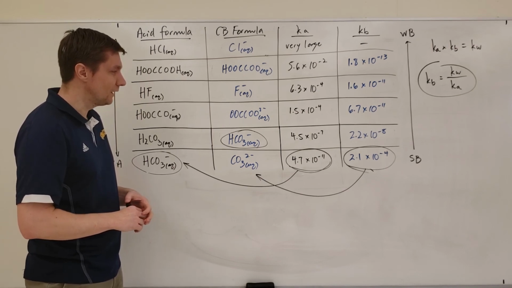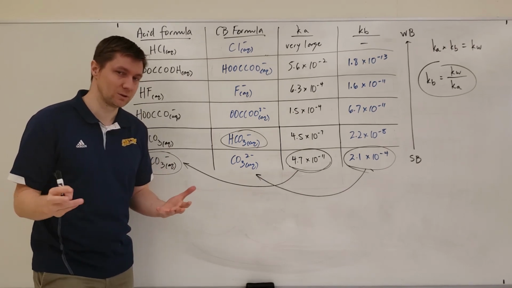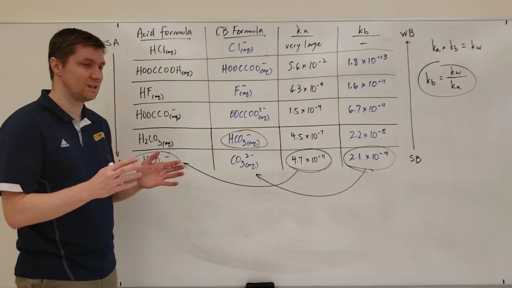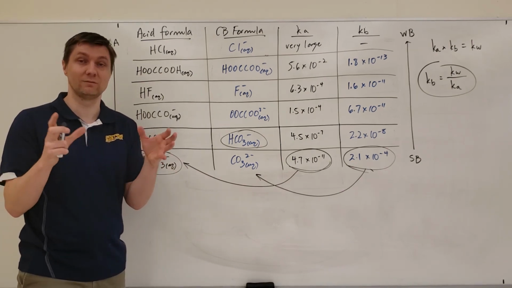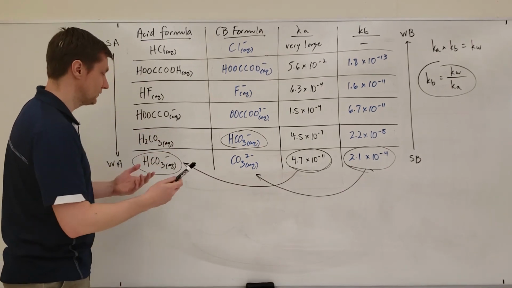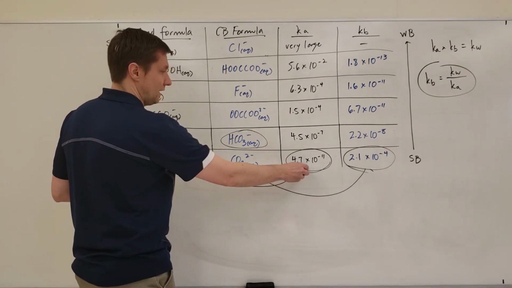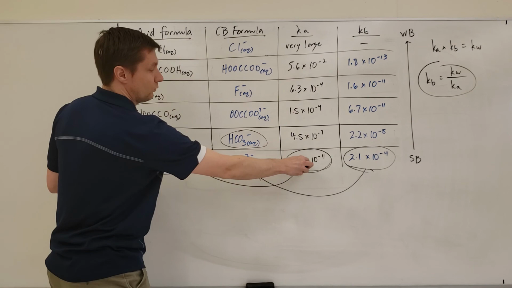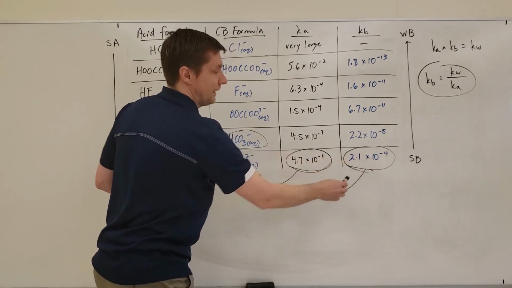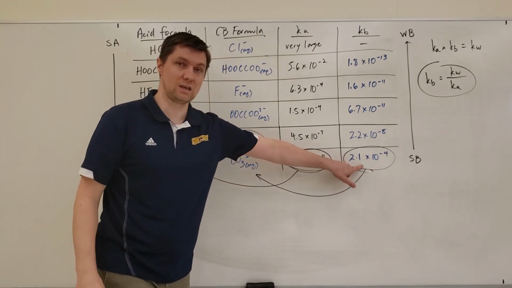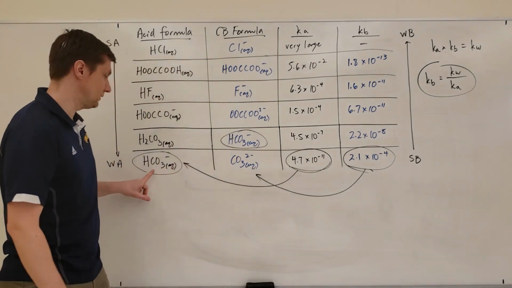So one common mistake that students make is when I ask them, okay, what's the Ka and the Kb of an amphiprotic substance? They'll say, okay, here's the Ka, and so it's 4.7 times 10 to the negative 11. Then they'll use this formula with this number, calculate it, and think that this is the Kb of HCO3 minus.